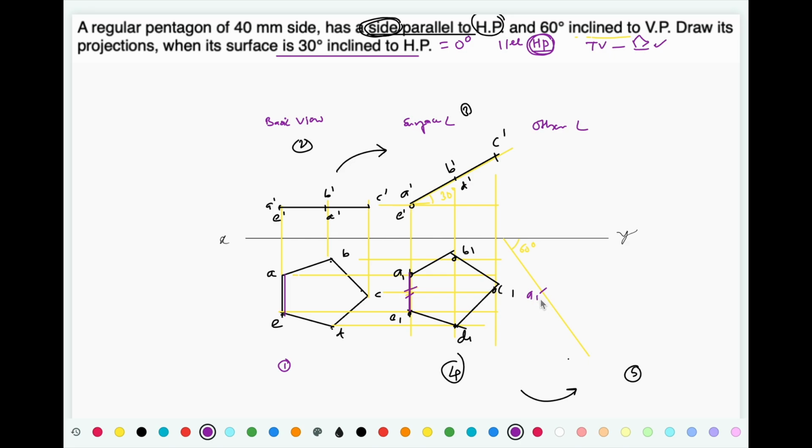Locate this point A1 in such a way that when you draw a pentagon it should remain below XY line. So this is A1, similarly, this is E1, and locate the remaining points. Complete this view, B1, C1, D1 and E1, and finally project all the points for the front view.